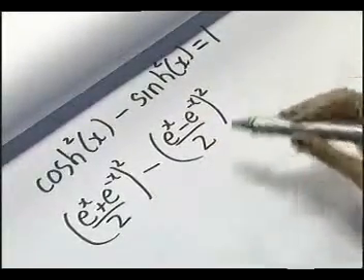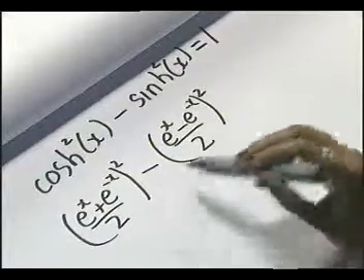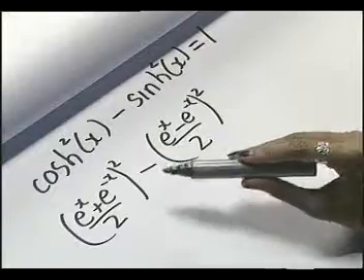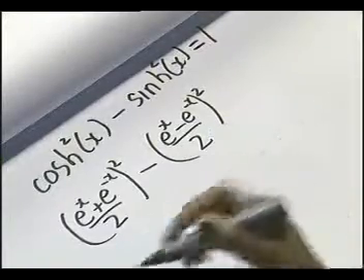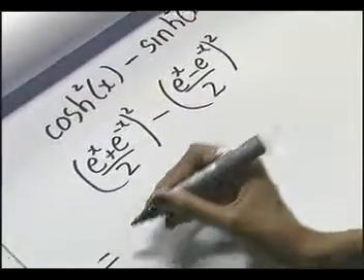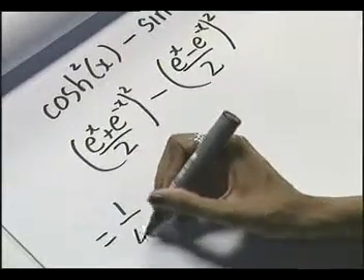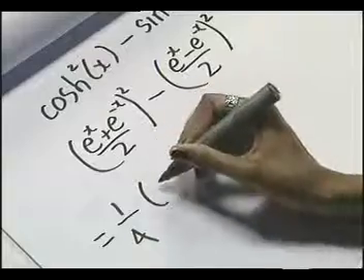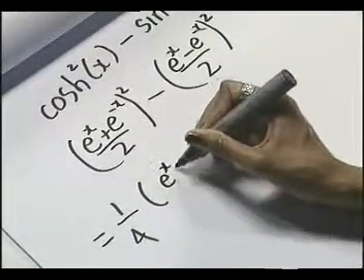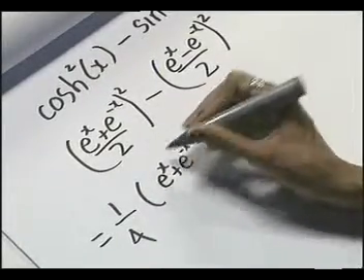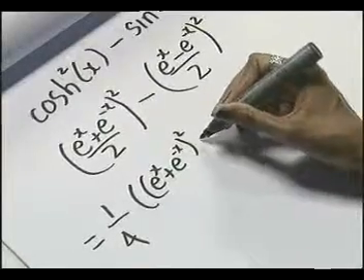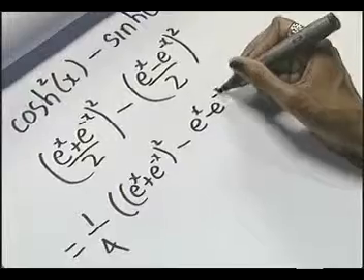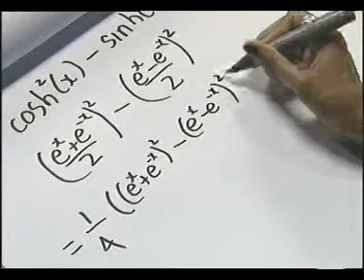Now notice that in both bits of this, we have the same denominator squared. So we can take that out as a factor. So we have that as a quarter of the numerator squared. So we have e to the x plus e to the minus x squared minus e to the x minus e to the minus x squared.